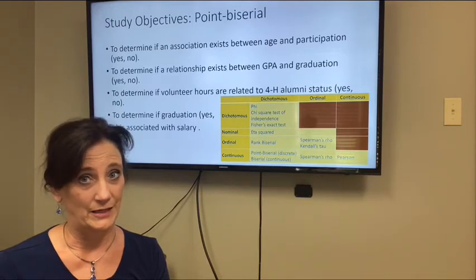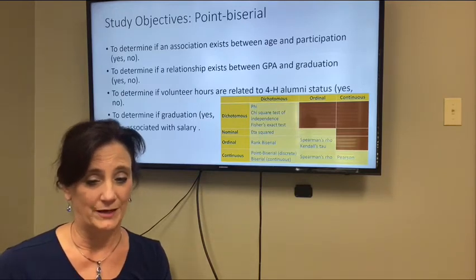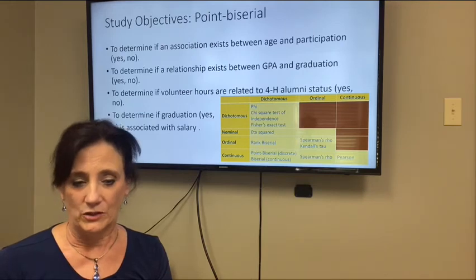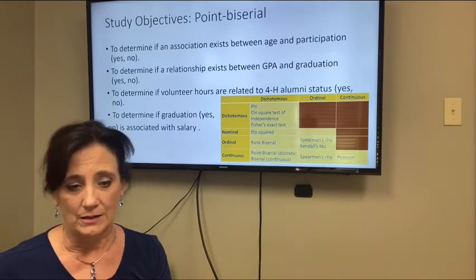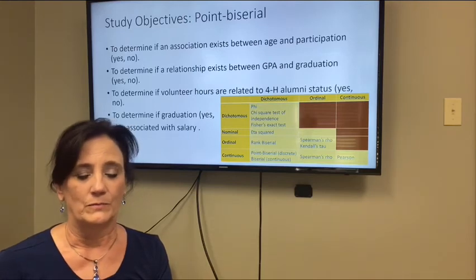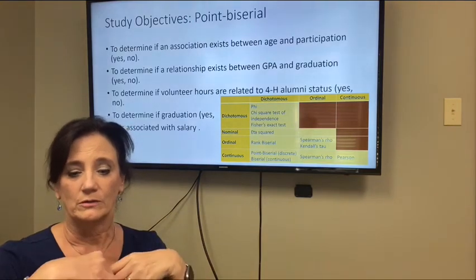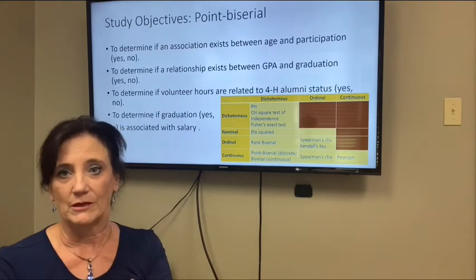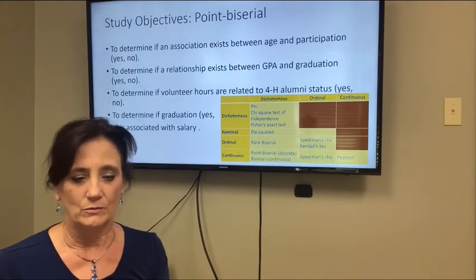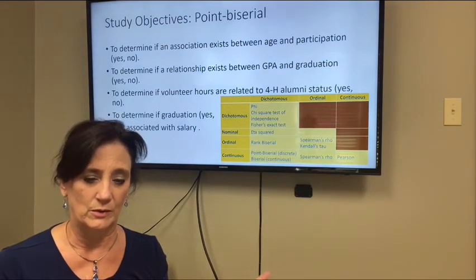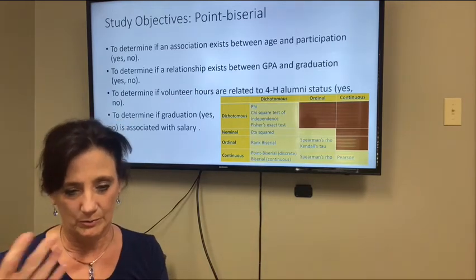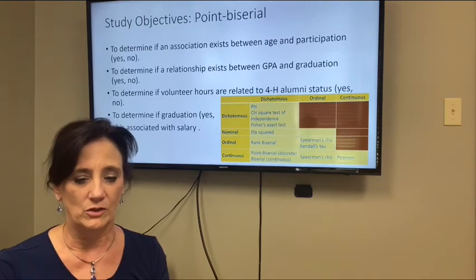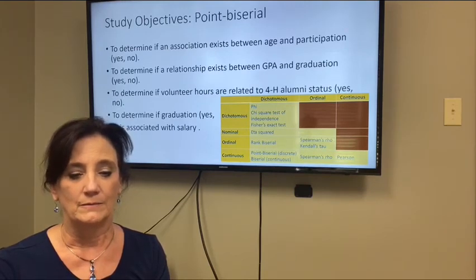Obviously, I collected age again as a continuous variable, right? So participation, yes, no. Graduation, yes, no. 4-H alumni status, yes, no. All of those are your discrete dichotomous variables. Again, when you do a relationship between those discrete dichotomous variables and the other continuous variable, your correlation coefficient is going to be point biserial.